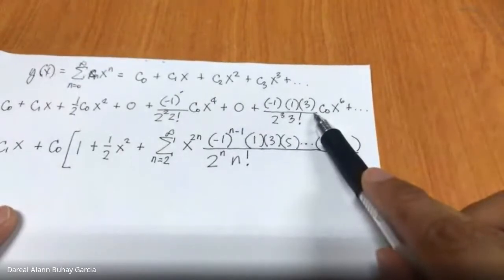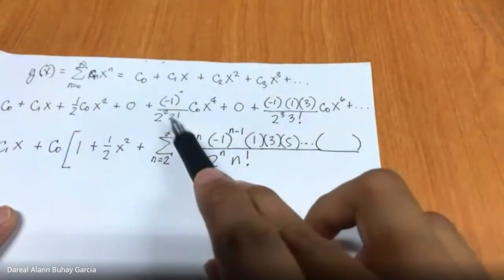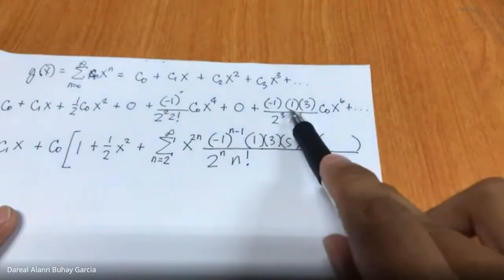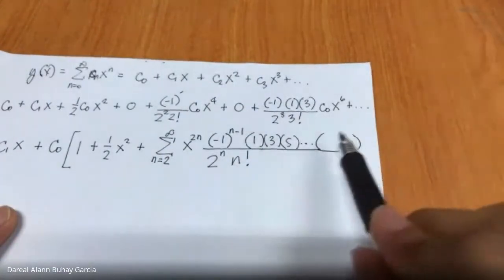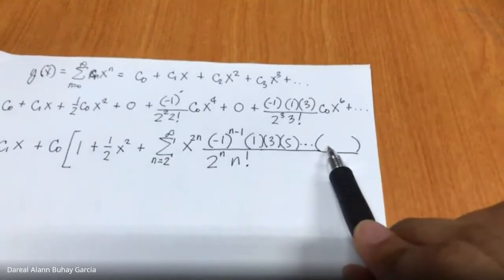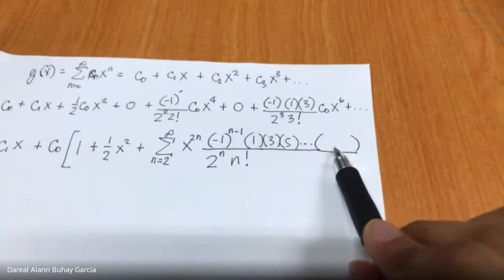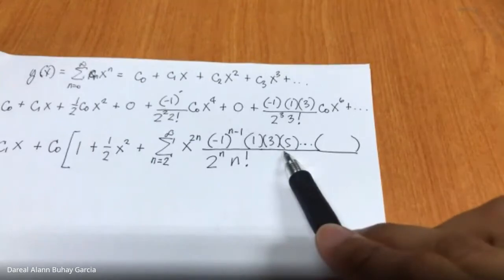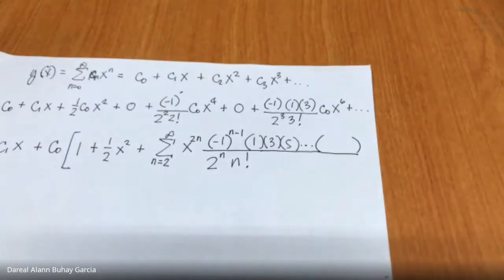Meaning, when n is 2, 3, when n is 4, 7 ni siya. No? N plus 1 ni dire. Kasi double factorial. Kani, double factorial. N plus 1 factorial.